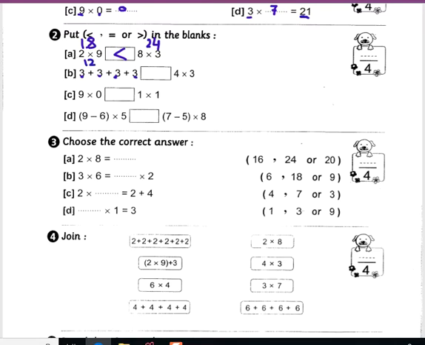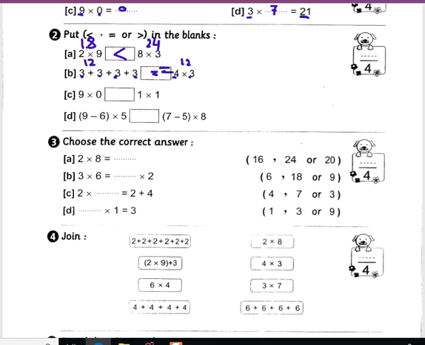And here we have 4 times 3. 4 times 3 also it will be 12. So sign here it will be equals.